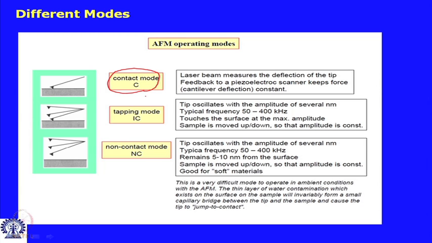In contact mode, of course, the first difference between non-contact mode and contact mode is that in contact mode, the cantilever is stationary. In non-contact as well as in intermittent contact mode, you give an additional oscillation, driven by a piezoelectric driver, to the cantilever, and it oscillates at its resonant frequency.